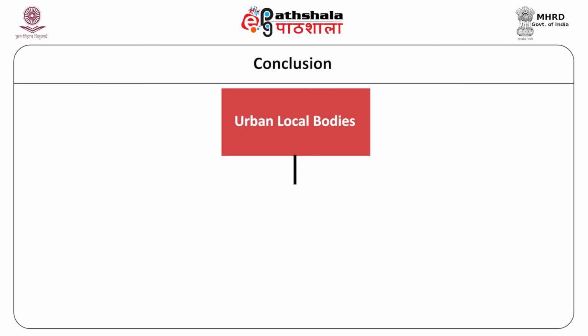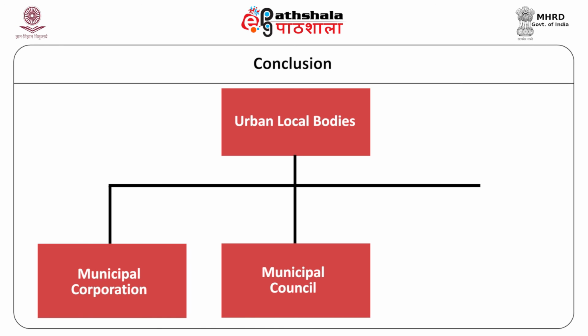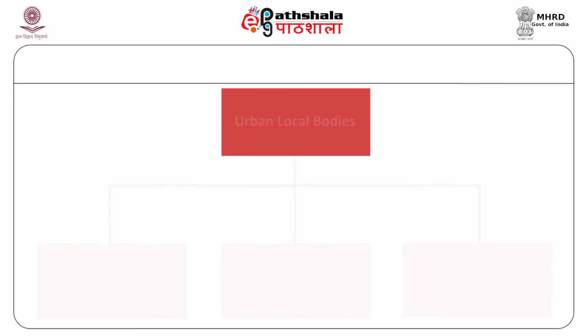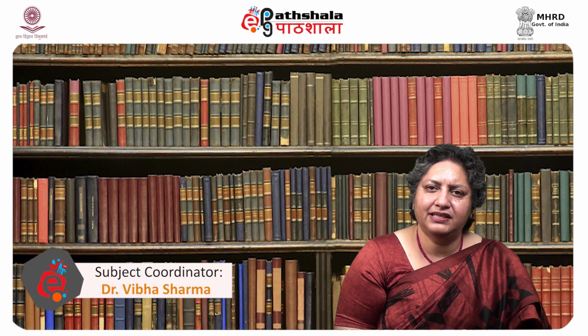We have studied today the three types of urban local bodies, that is the municipal corporation, the highest level of urban local body for a larger area. The second one, municipal council for a smaller urban area, and the Nagar Panchayats for the transitional areas. Besides this, we have also understood the 74th Constitutional Amendment Act and its provisions.